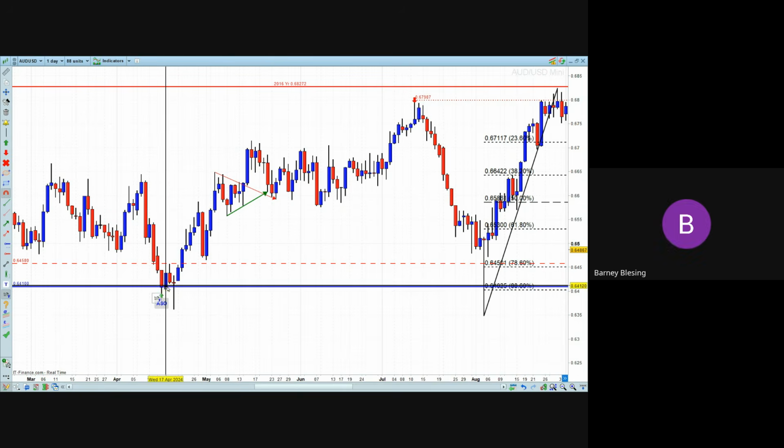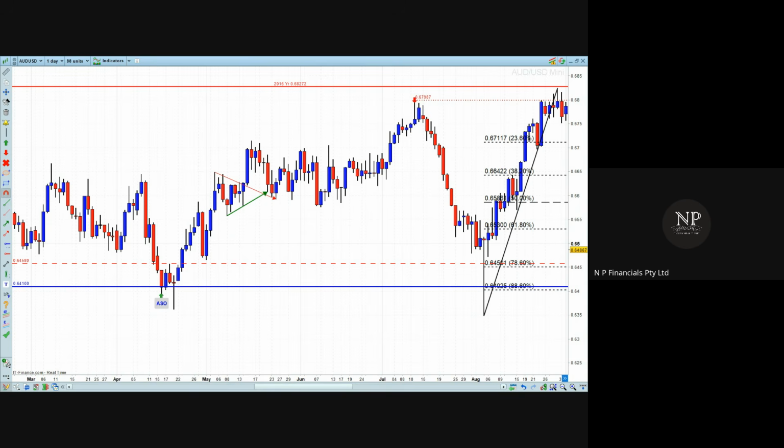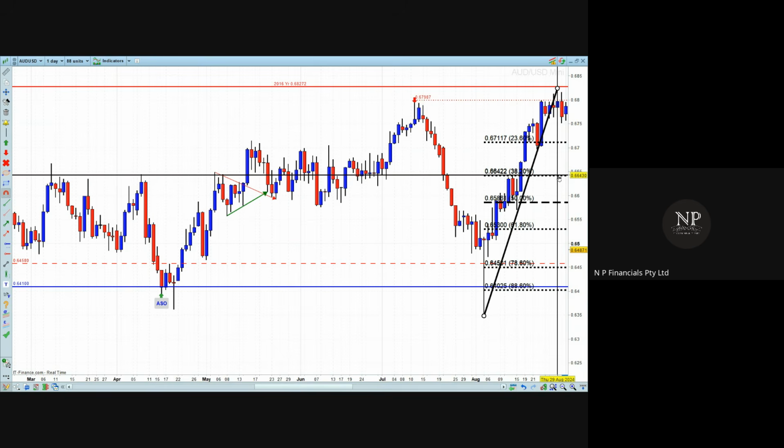So if you're trying to capture an uptrend or a downtrend, you always draw it from left to right. Now let's see what happens at 38. We generally say if price is not coming to 38, then it is not a retracement. It is a continuation.